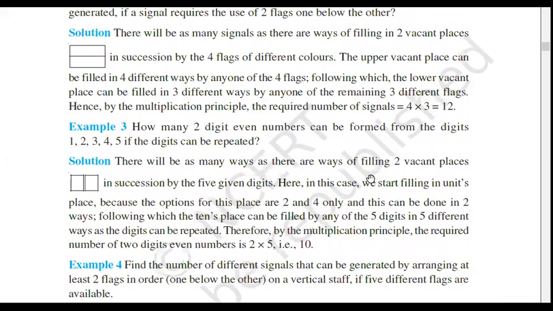Next, see this. Find the number of different signals that can be generated by arranging at least two flags in order on a vertical staff, if five different flags are available. Now think about this.